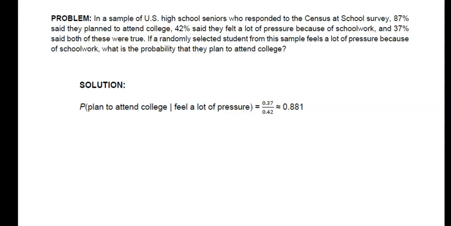Oh, so of those, that makes sense, right? 37% had both. So only the folks who felt a lot of pressure, that's the given, but also plan to attend college, so that's 37% is both. I needed both on top there. That's the and if you're a formula person, divided by, again, the given, which is that felt a lot of pressure, so it's 88.1%.